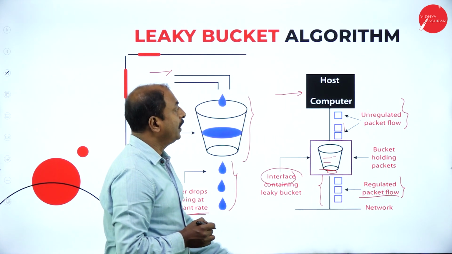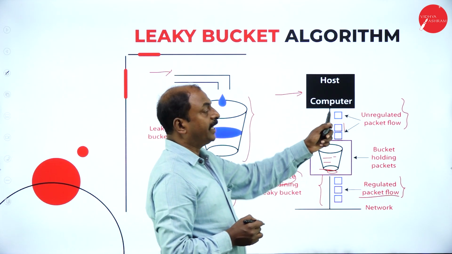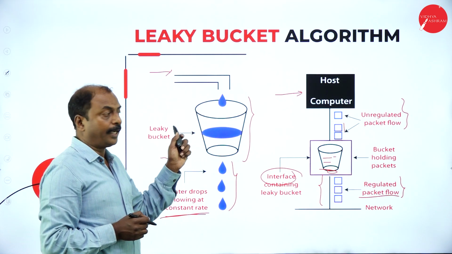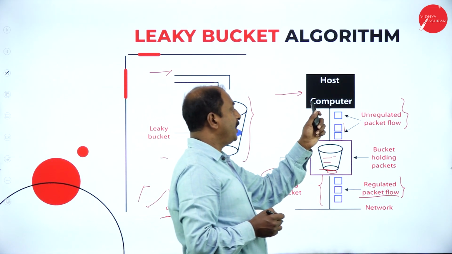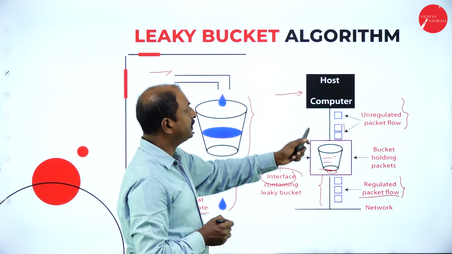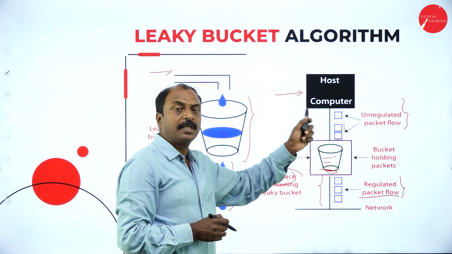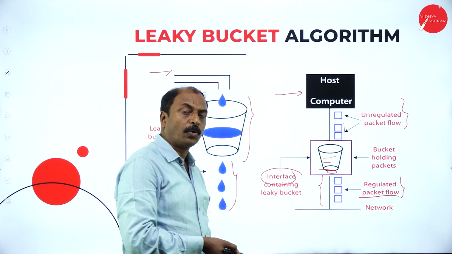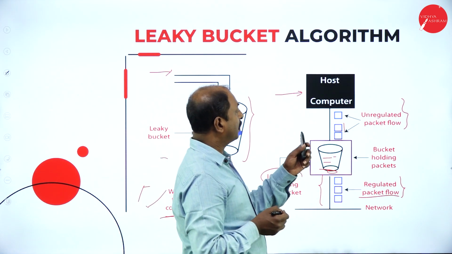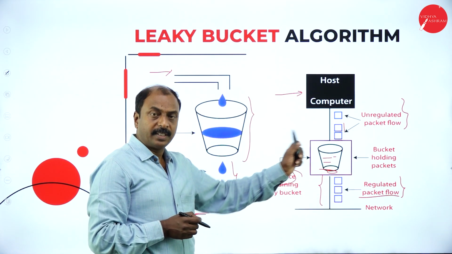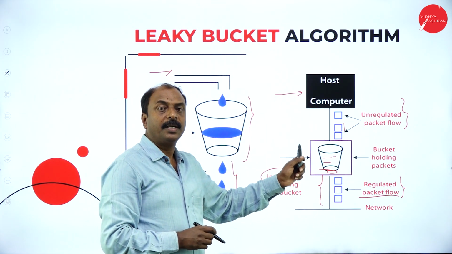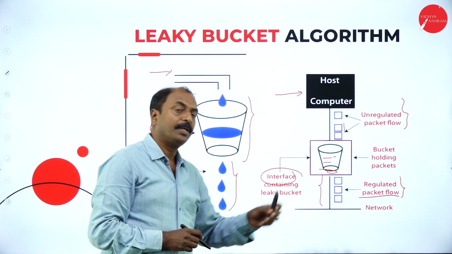Just as water spilled out of the bucket in the example, any data packets coming into the network beyond the capacity are bursty traffic. This algorithm does not deal with that; it is not going to handle that bursty traffic in the computer network.